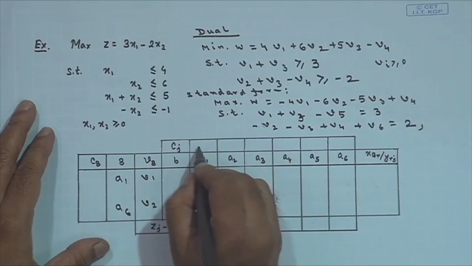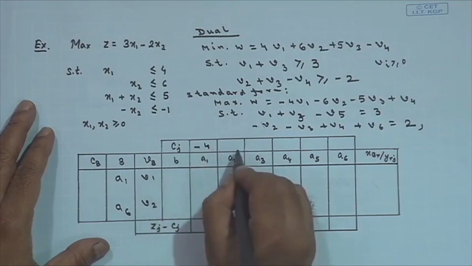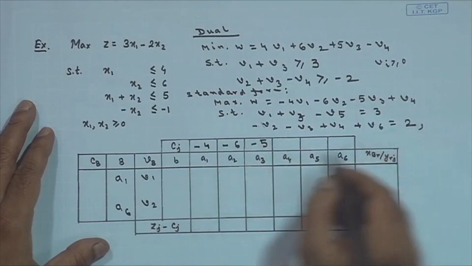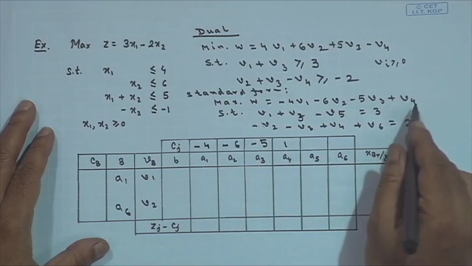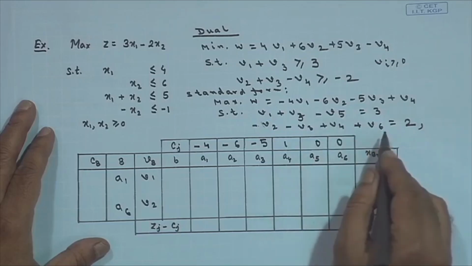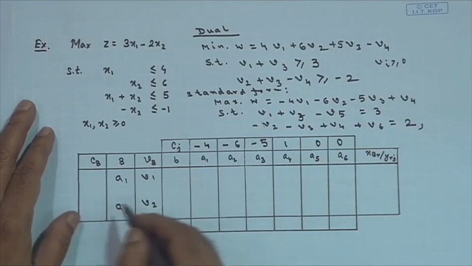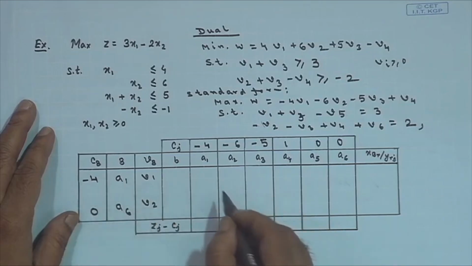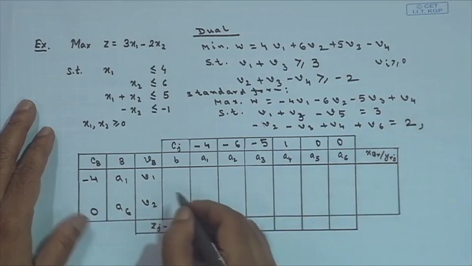The coefficient values are minus 4, minus 6, minus 5, and for A4 it is 1. The other two variables are not there, so B5 and B6 will be 0. So, your CB will be minus 4 and 0. The B values are 3 and 2.